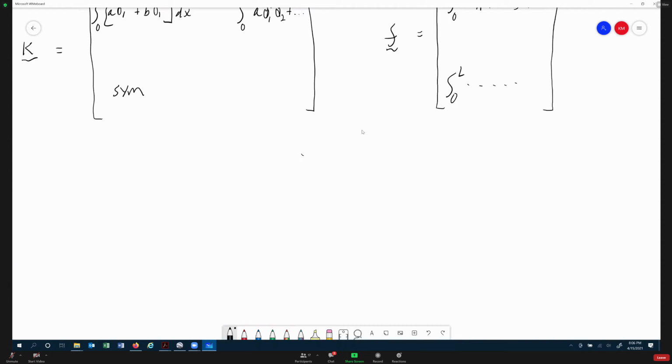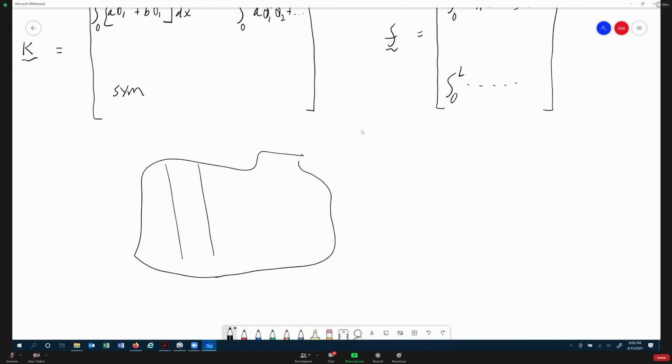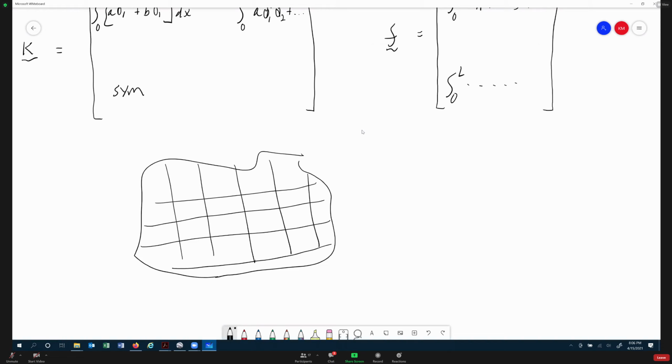I haven't talked about, okay, we have this KC is equal to F, and it's in some delta domain.